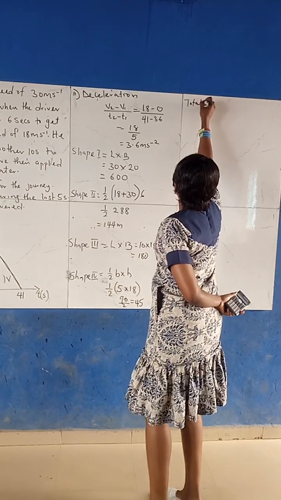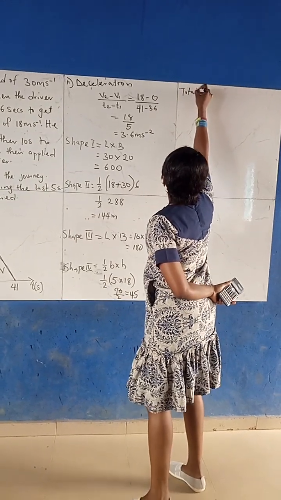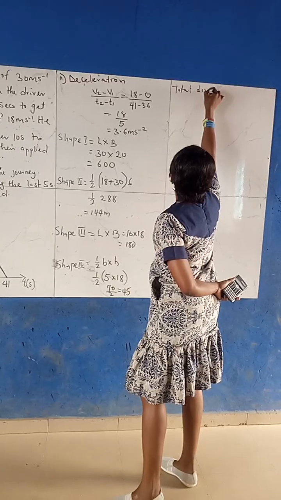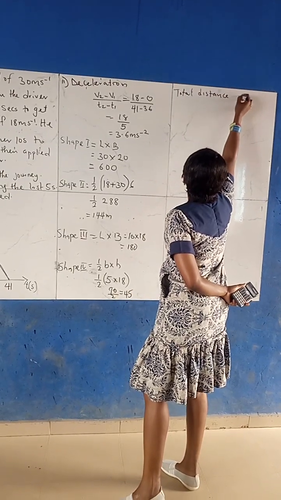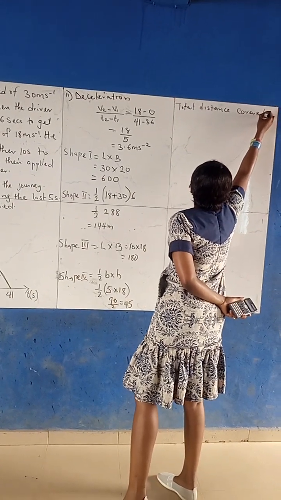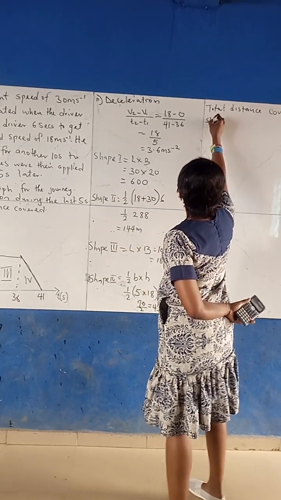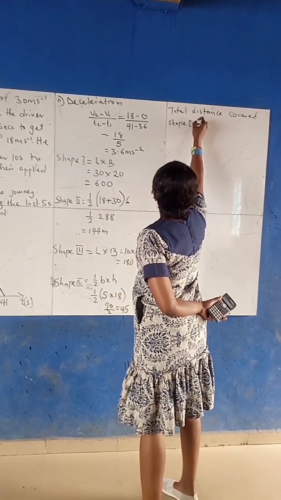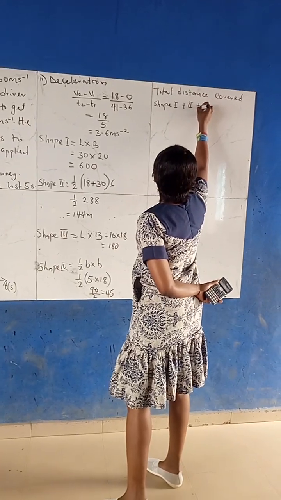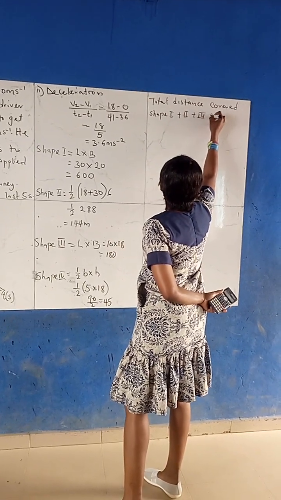Now, the total distance covered will give me shape 1 plus 2 plus 3 plus 4.